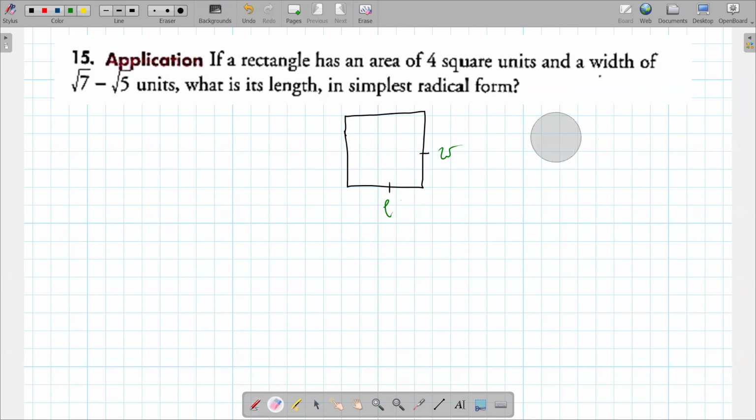So we actually know the width. In other words, you take your length and multiply with the width, and you get 4. Length times width is 4. The question says, what is the length in the simplest radical form? All right, how do we do this one?